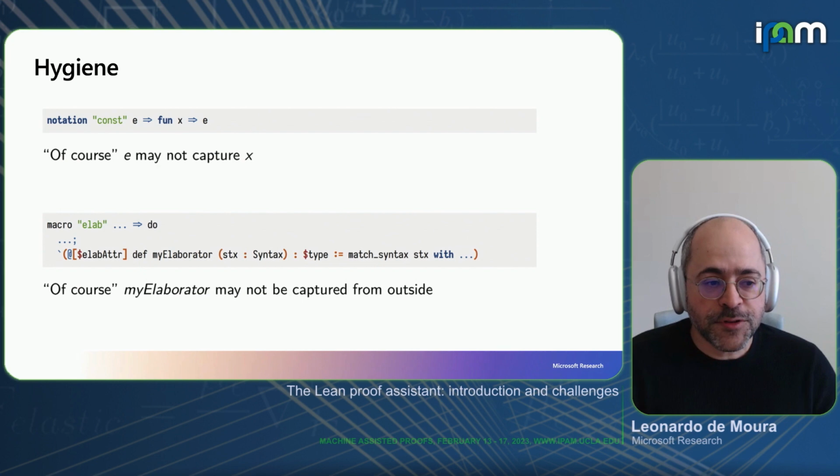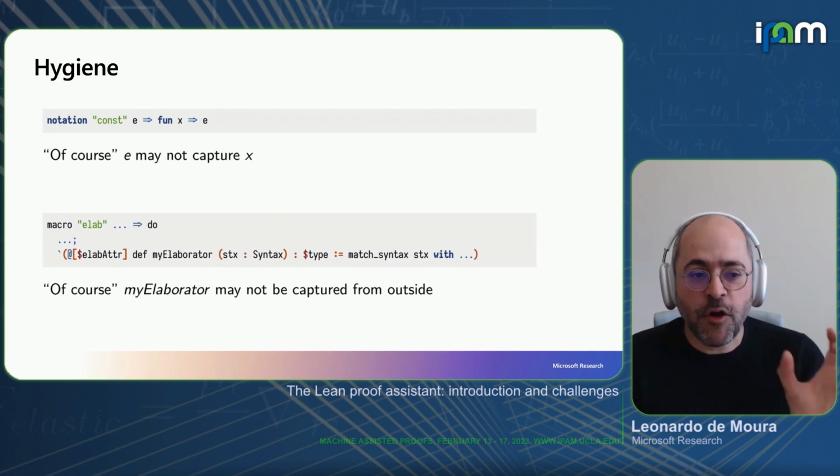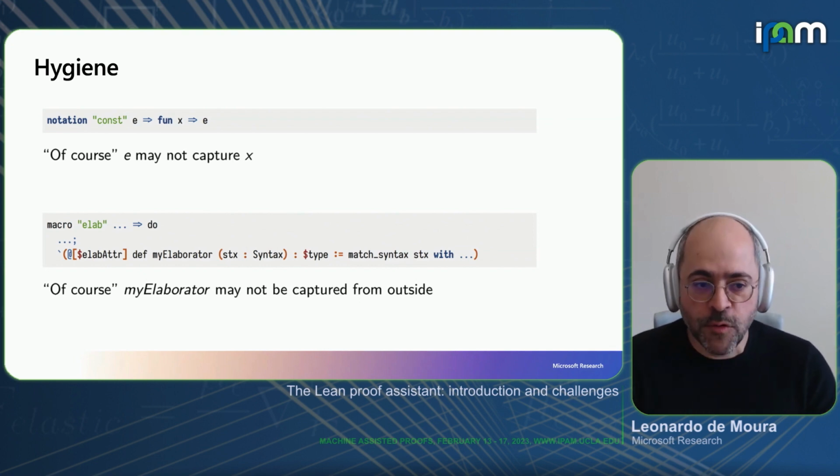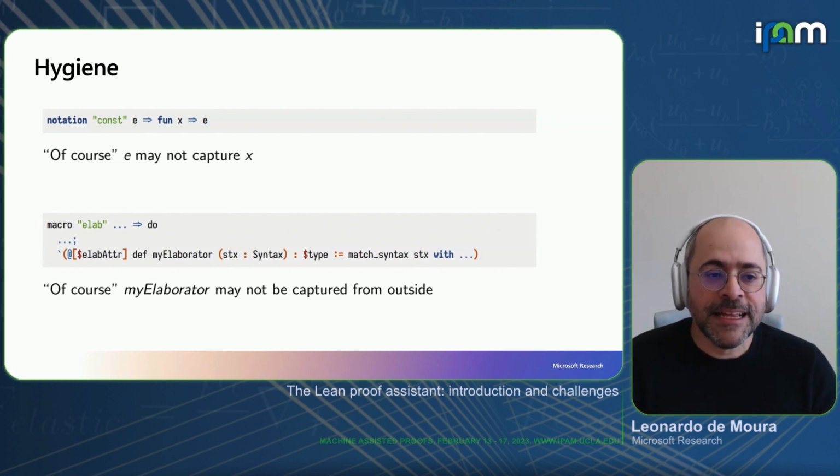Here you have an example to illustrate what hygiene is in action. Suppose that you want to define a new notation, const E. Const E means you want to define a constant function that always returns E, an expression, a term, right?